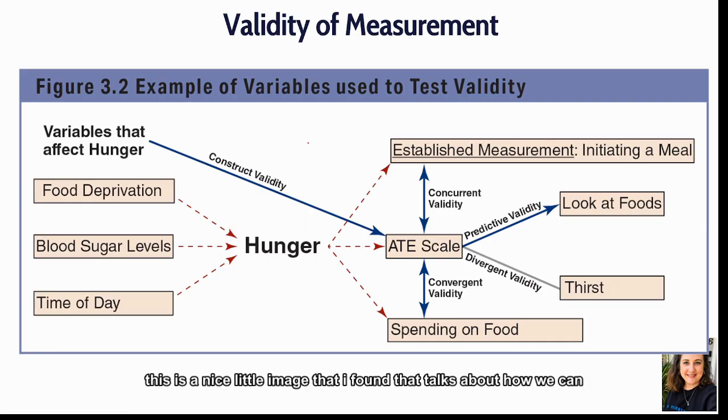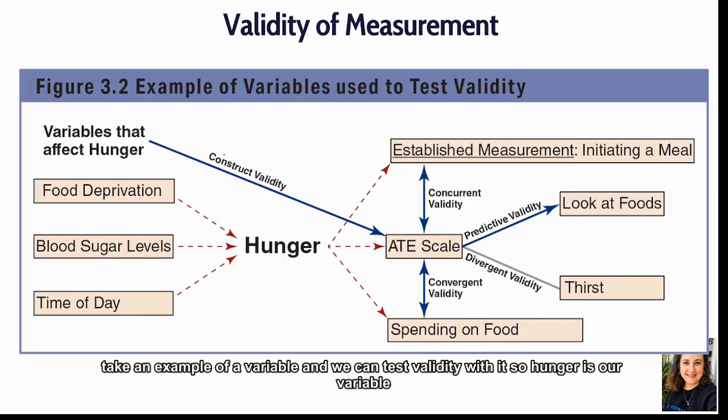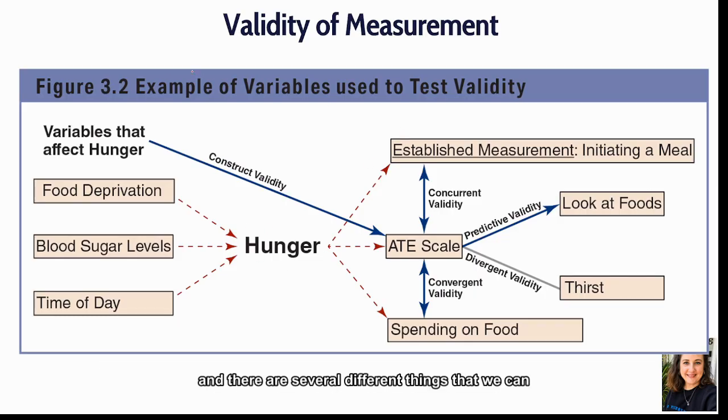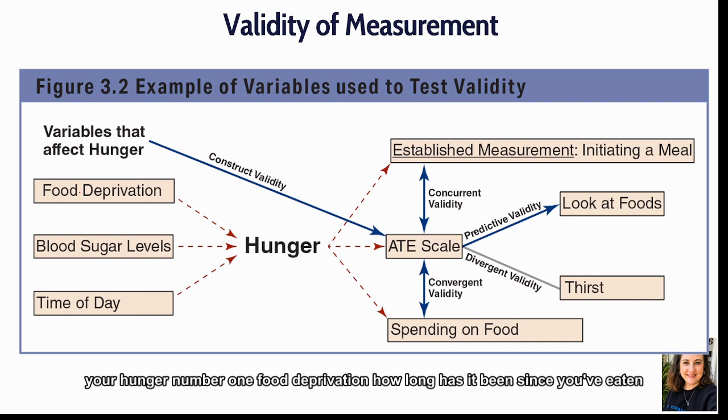This is a nice little image that I found that shows how we can take an example of a variable and test validity with it. Hunger is our variable, and there are several different things that we can confidently assume would affect your hunger. Number one, food deprivation: how long has it been since you've eaten?